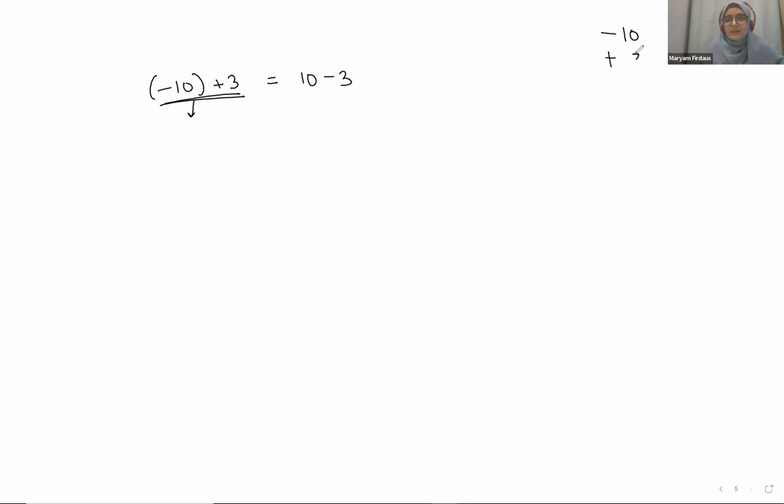Minus 10 plus 3. Let's use the number line here. So let's say I have a 0 over here. I will need a bigger number line for this.